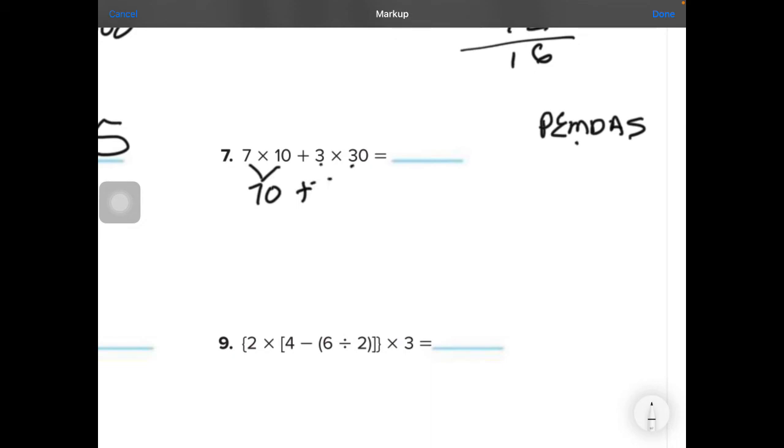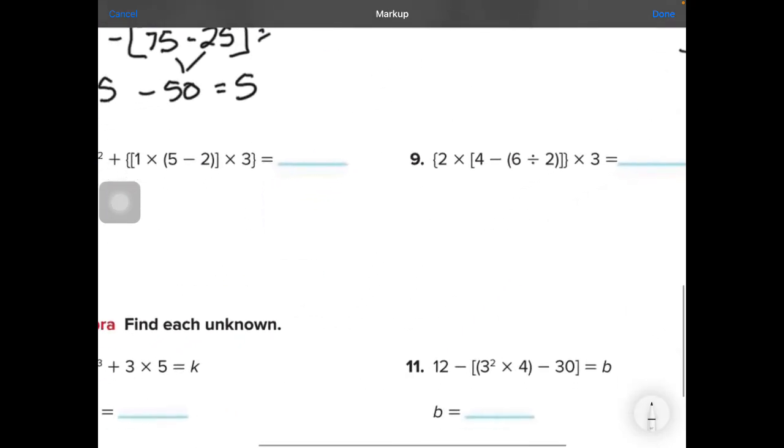I know 3 times 3 is 9. Bring down the 0. So I have 70 plus 90. And I know that I can quickly add these together, 90 and 70. 160.